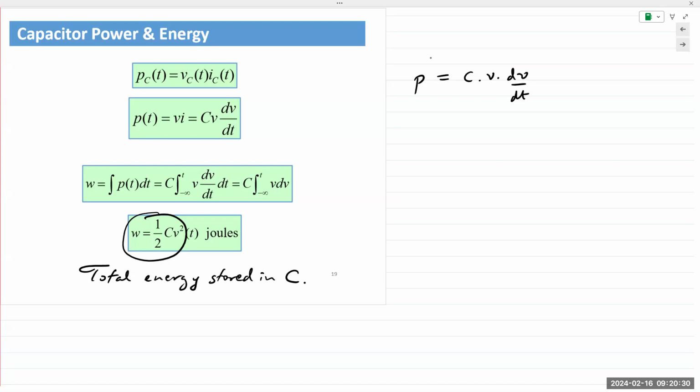Again, here the equations are a function of time. And again, you don't have to memorize these equations as long as you understand them and know how to apply them. Okay.